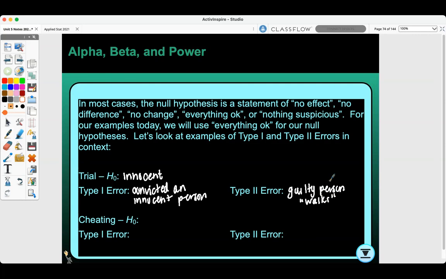With the company cheating you, the null hypothesis would be the company is truthful. A type 1 error would be the truthful company is found cheating.